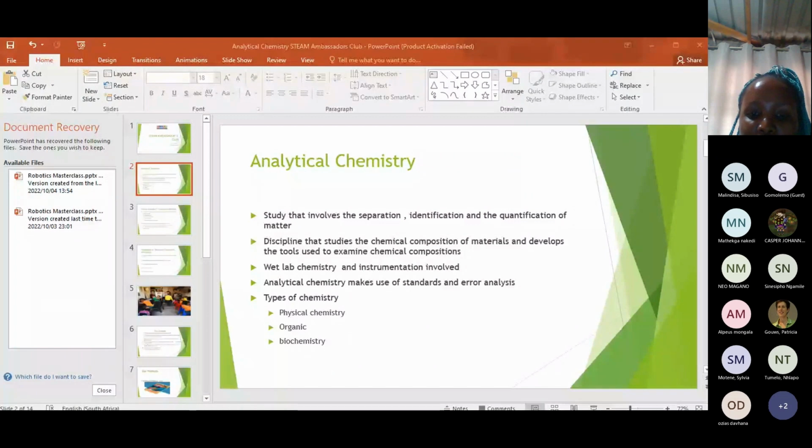So as we teach the children to design robotics, we encourage them to design robots that could run the lab on self-automation, starting from accepting the samples, preparing the samples, up until they put them in the instruments.